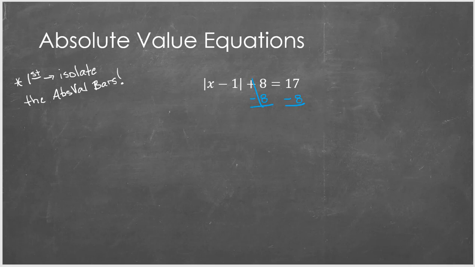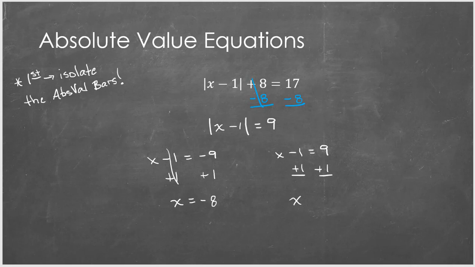I'm left with absolute value of x minus 1 equals 9. Now we can split into our 2 equations and then solve like normal. So x is negative 8 and x is 10.